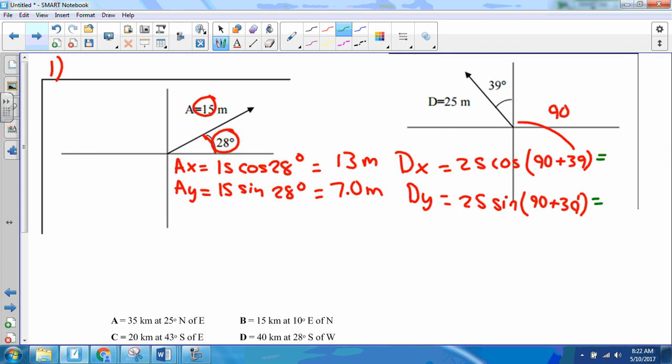And you get what? Yep, negative 15.73300977762, which means that it would be to 2 sig figs how much? Negative 16. For dy, it's the same thing except you're going to use sine.